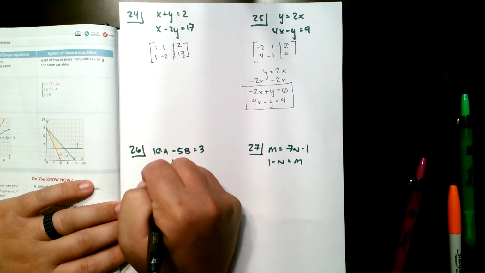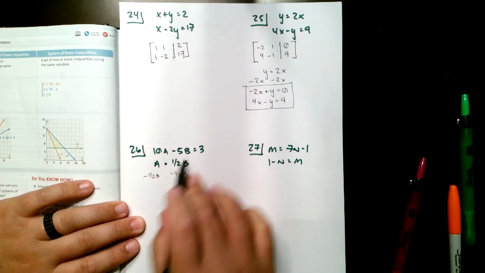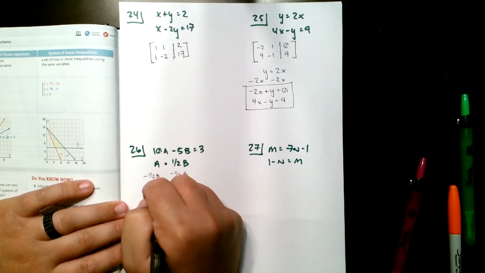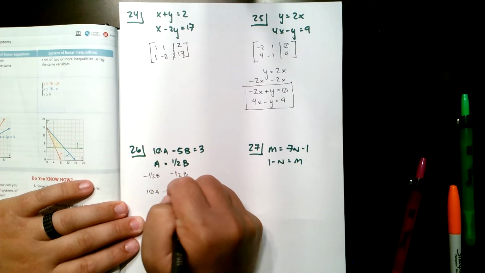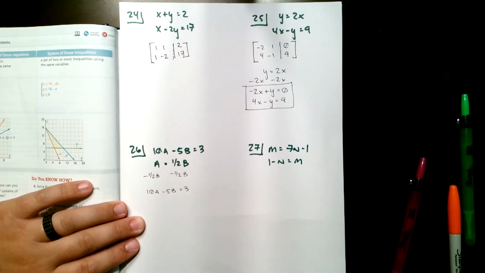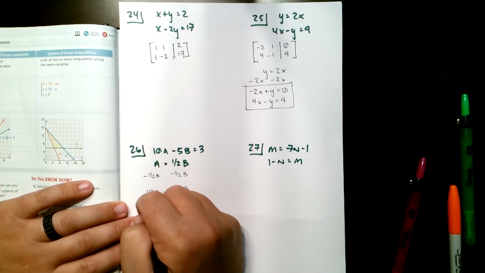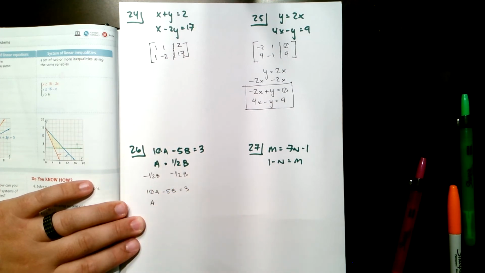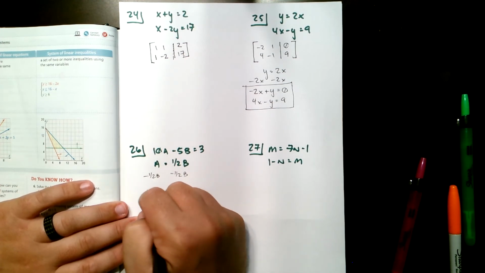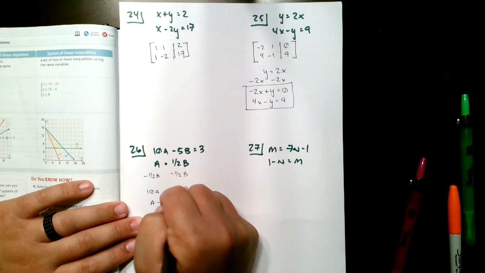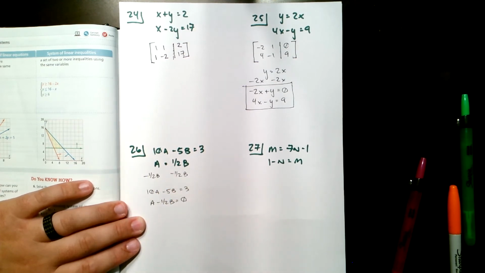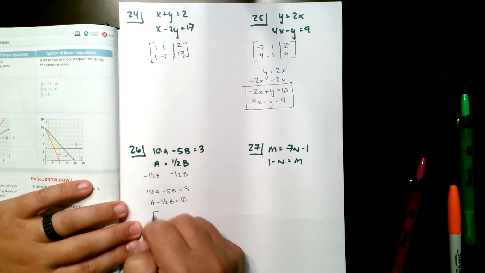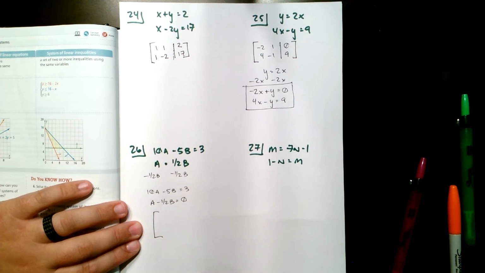26, it looks like we've got A on the left, B on the right, and my constant on the right, so very similar to number 25. I'm going to go ahead and subtract 1/2 B from both sides. So I'll have my first equation, 10A minus 5B equals 3. And then my second equation, A's got to come first.